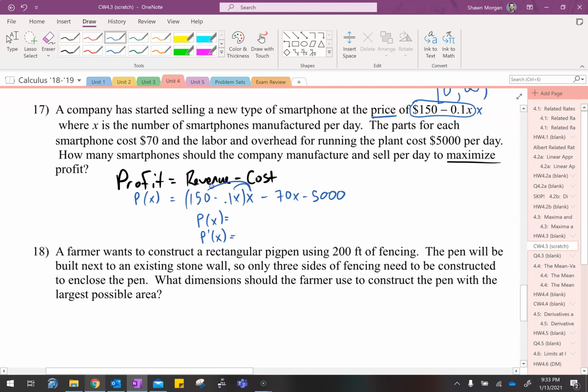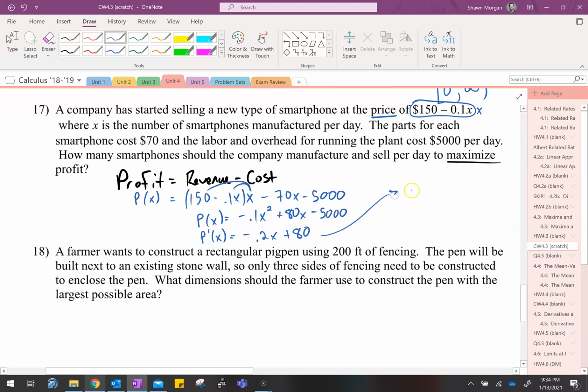First thing we're going to do is distribute, so that obviously is going to change my function and therefore the derivative. So we've got negative 0.1x squared, and 150 minus 70 is going to be 80. So we got plus 80x and then minus 5,000. We won't have any like terms to go with that constant. And therefore, when we differentiate now, we're going to get negative 0.2x plus 80, which again, we can set equal to 0 and solve pretty easily.